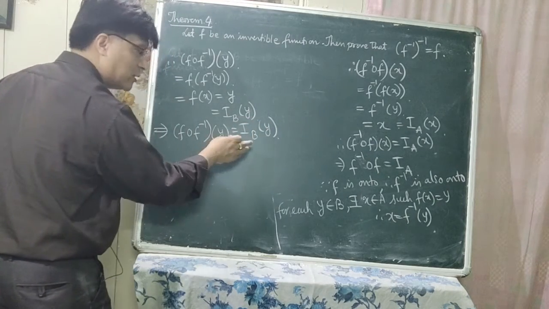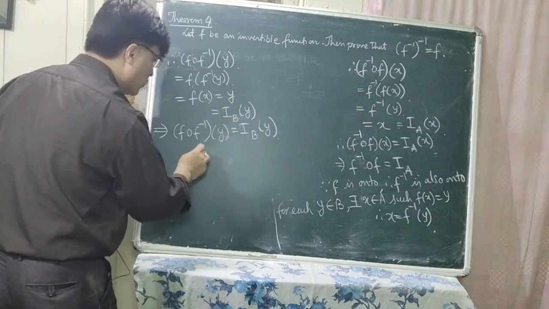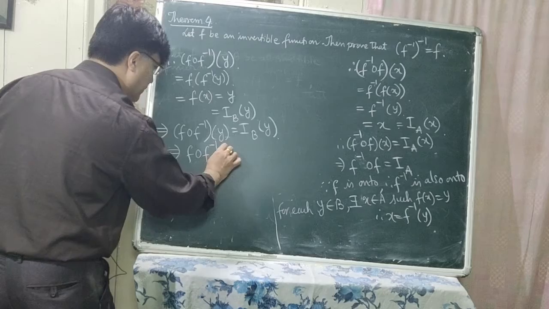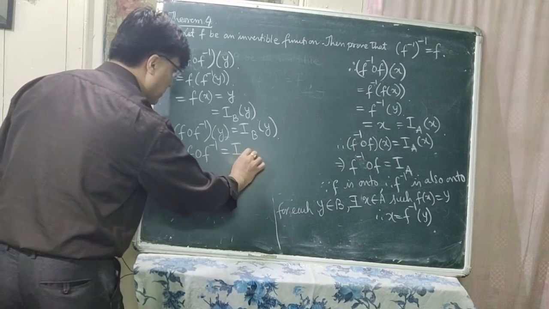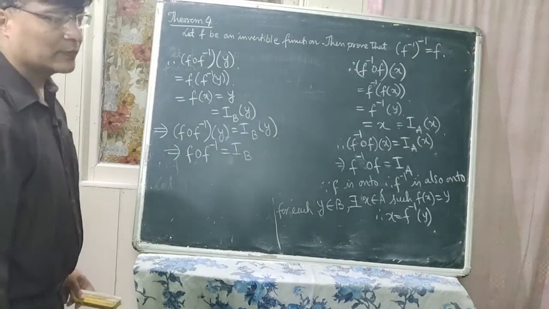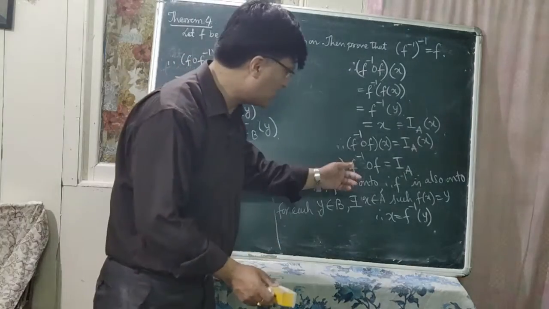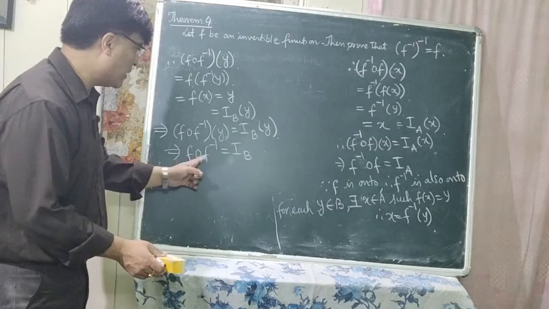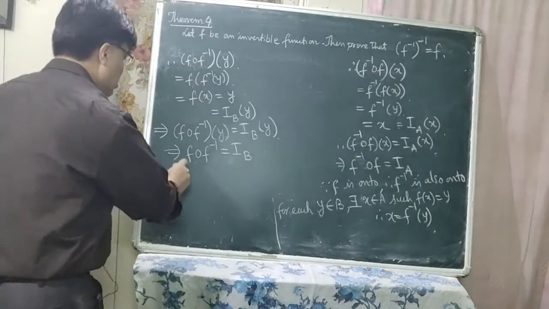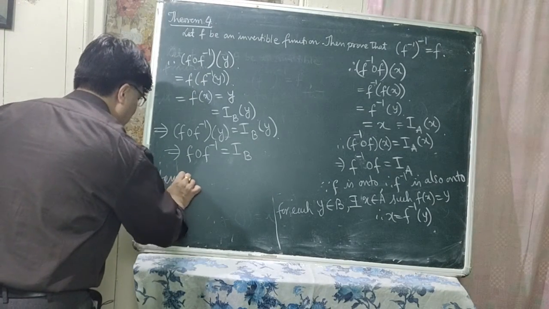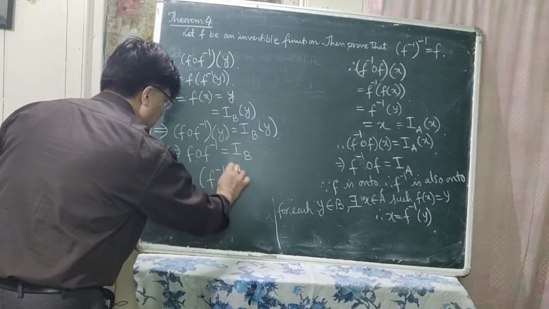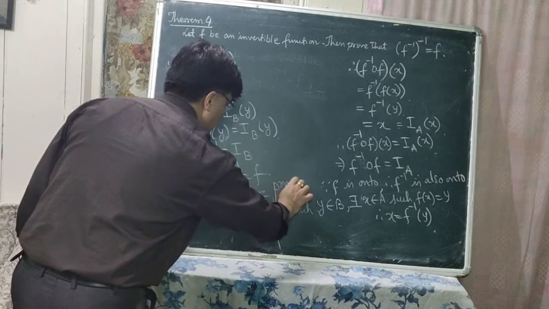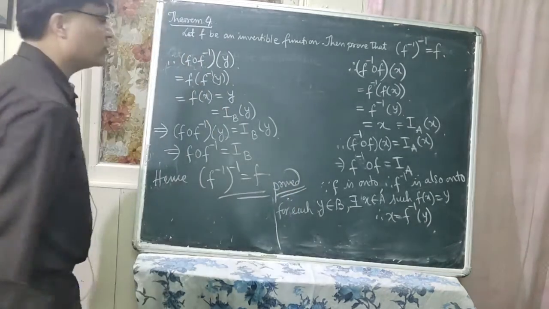Is that clear? From both the sides, it is just like cancelling y from both the sides. What does it imply? f of f inverse is equal to IB. So we have proved both these relations: f inverse of f is equal to IA and f of f inverse is equal to IB. So hence what can you write? f inverse is equal to f. So it is proved. So I think you have understood it.